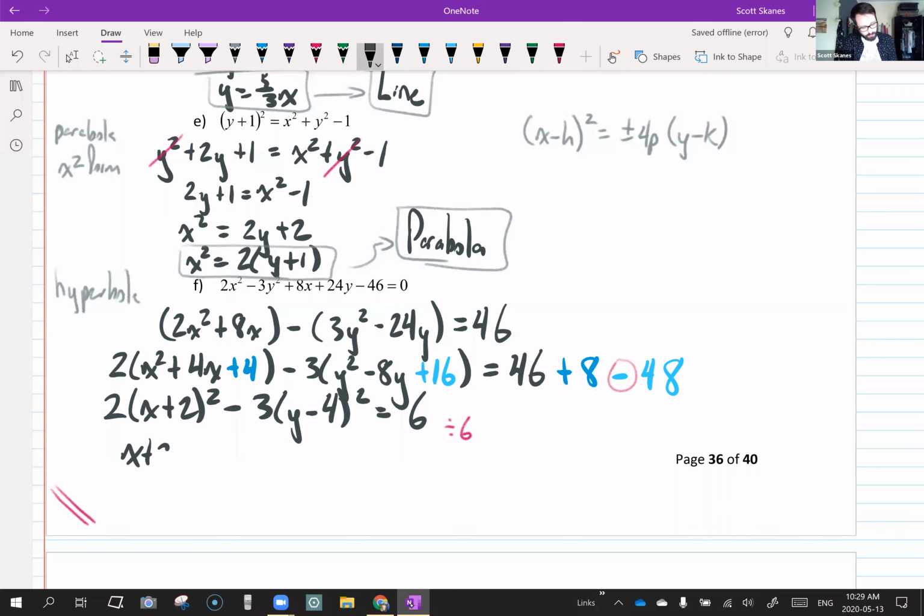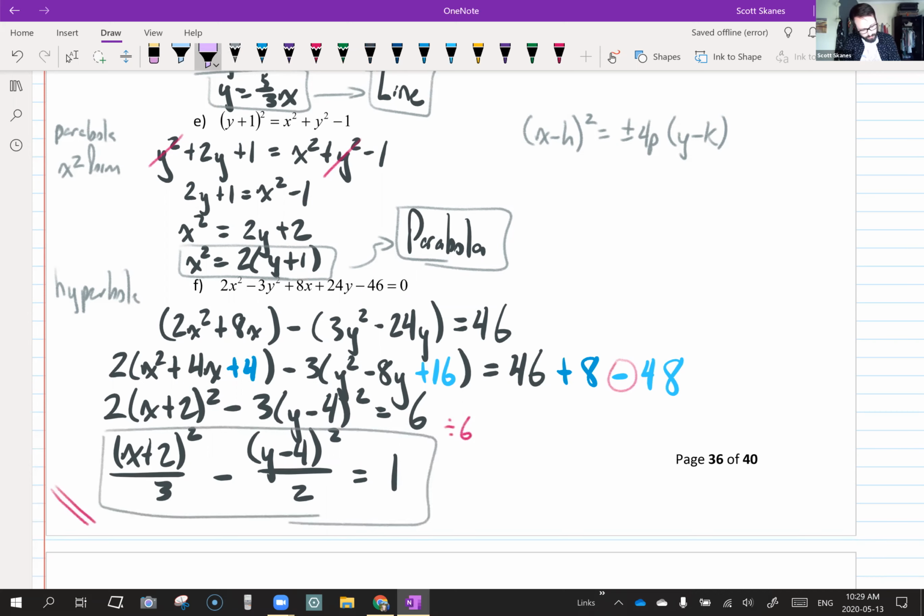That gives us x + 2 all squared over 3 minus y - 4 all squared over 2 equals 1. And so that is indeed a hyperbola because I see my minus. And I'm done. Okay, right on time.